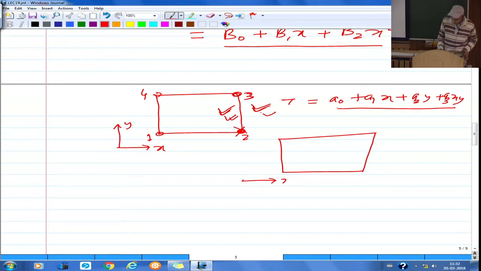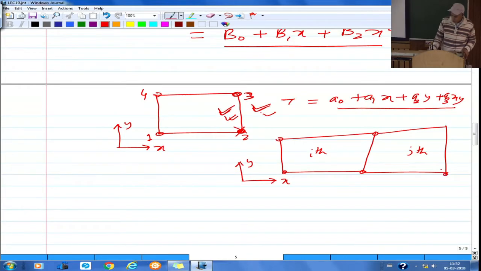See, this is x and this is y. So this is one element, and we have 4 corner nodes for this element, and you will have another element like this. So this is your ith element and this is your jth element, and these are the additional nodes. Of course there would be elements on this side and this side, and so on.